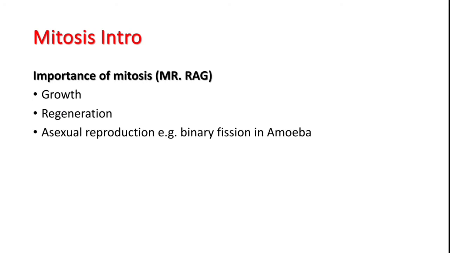An example of asexual reproduction is binary fission in amoeba. So there's no need for two parents to have sexual intercourse to have an offspring. That offspring will just result from one parent, and that offspring will be as a result of mitosis.